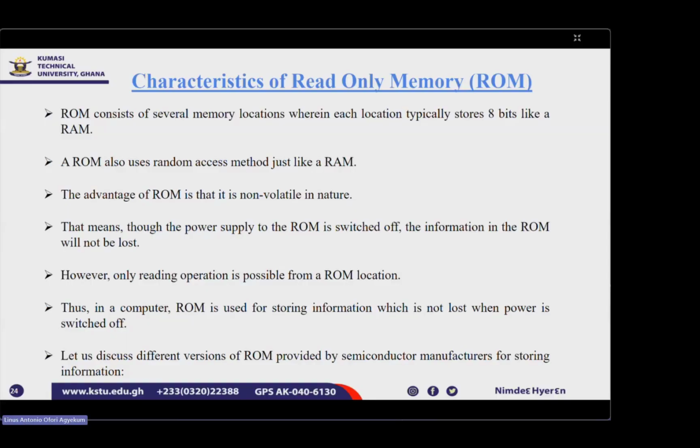We talked about the sequential data access and then the random data access. And we said the random data access makes the memory faster. So similarly, as a feature or characteristic of the read-only memory, it uses the random access method of accessing data.